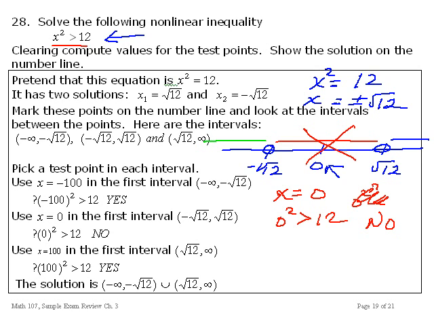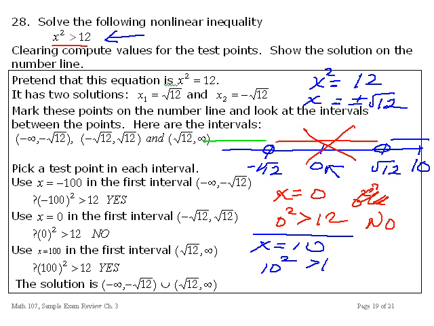Forget it. So go over to these other regions and pick a test point here. And again, always pick something easy. This one's blue. So I'll go over here and pick the point 10 because I can square it pretty easily. So here's my second point, x equals 10. I used 100 over here for this example, but it doesn't matter. 10 squared.